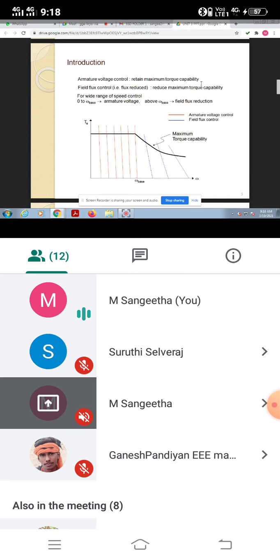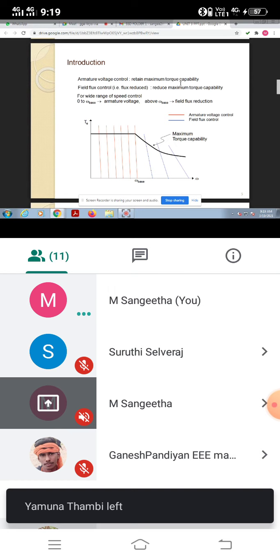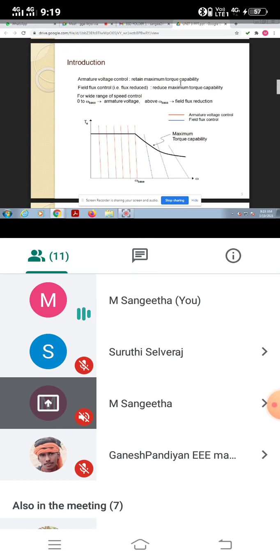So both statements are opposite for the two topics. At a time we must keep only one topic. If you choose field flux control, you must reduce the maximum torque capability. If you choose armature voltage control, you don't consider field flux; you concentrate only on retaining maximum torque capability on the running motor.